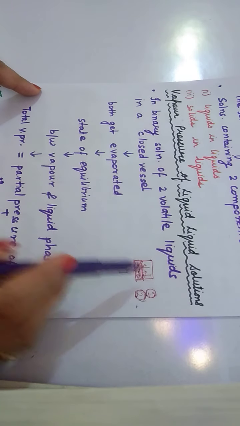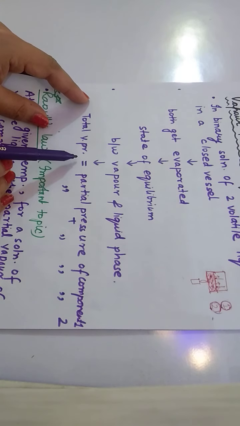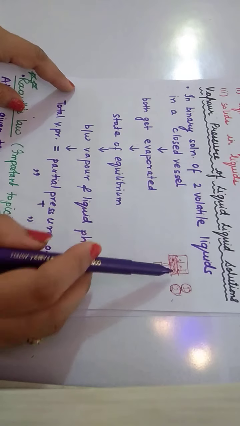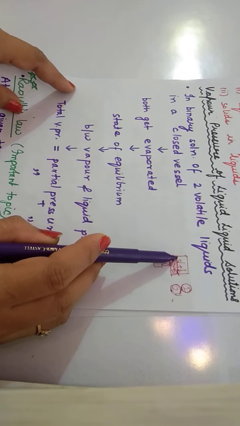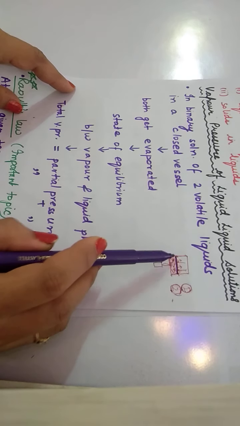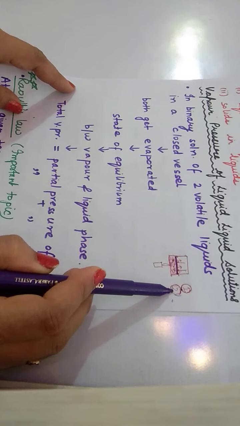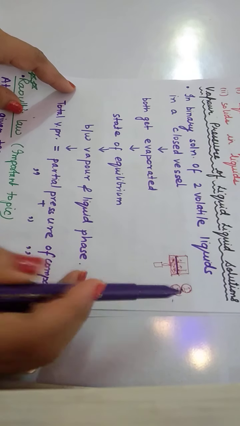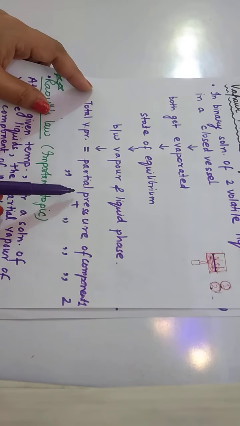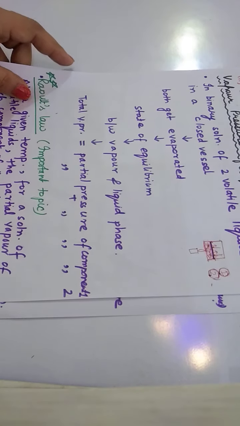So according to Dalton's law, the total vapor pressure over the surface of this liquid is equal to the partial pressure exerted by component 1 plus that of component 2, that is, total vapor pressure is P1 plus P2.